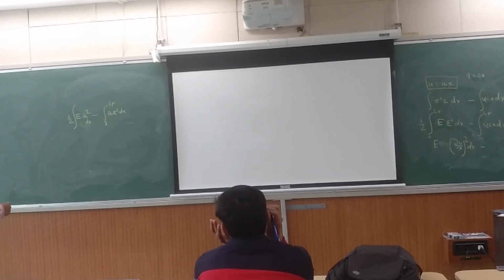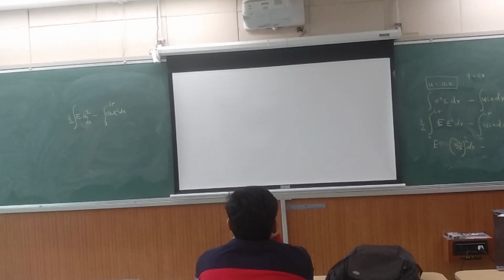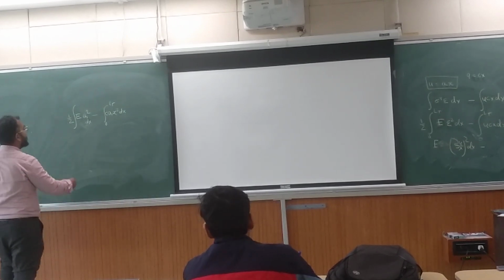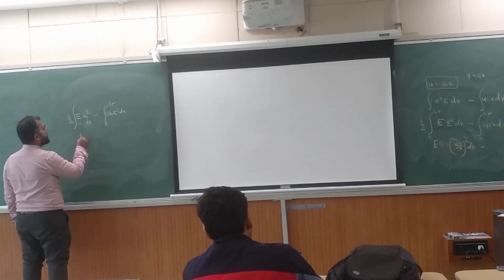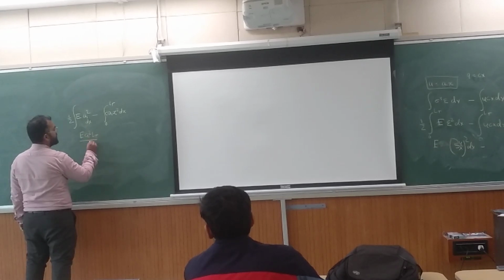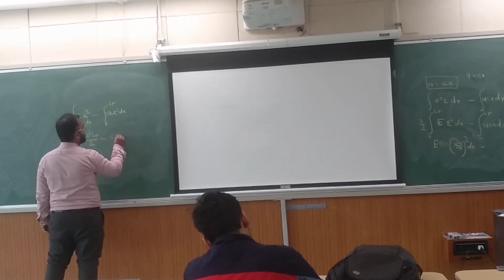So C. What happened? C is needed, no? So C, and there I have A1 and dx, that's it, right? So dx integration will be x, will be LT, right? So E A1 square LT by 2 minus, and this will be how much?